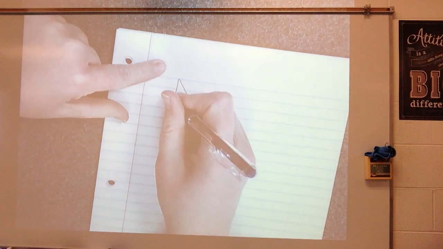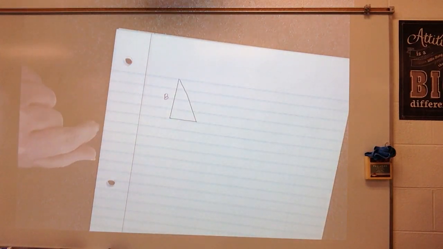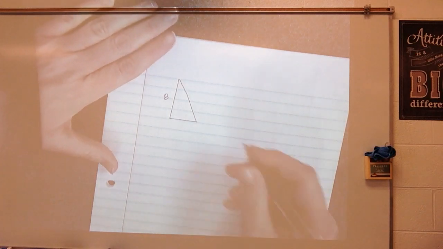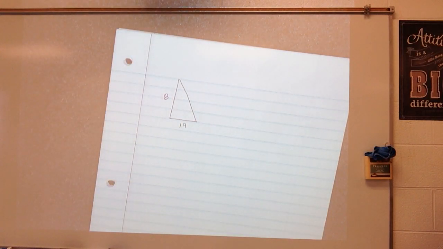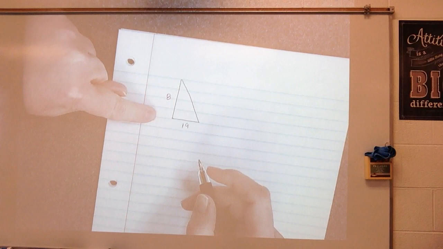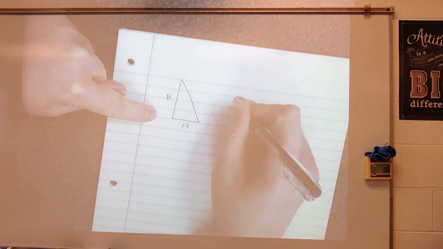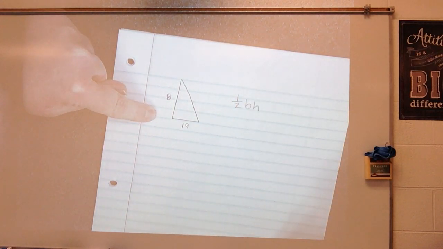So this is my vertical leg, so that is 8. And the horizontal leg is 3 inches longer than twice the vertical leg. So twice the vertical leg would be 16, plus 3 would be 19. So it wants to know what is the area in square inches of this. If you remember, to find the area, I do 1/2 base times height.